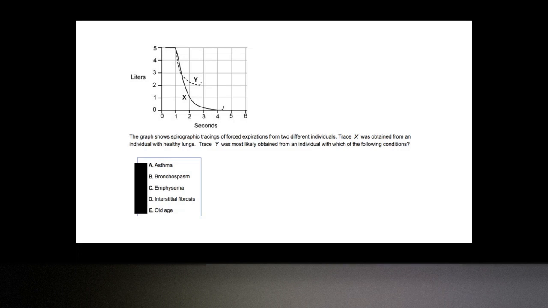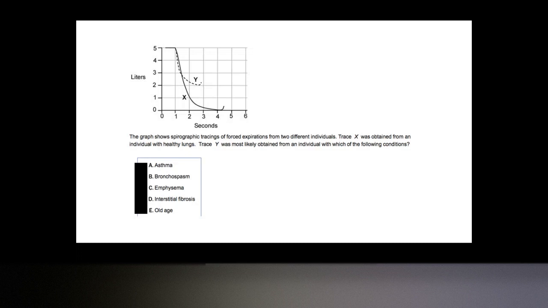So I guess that it's an obstructive disease. So asthma and emphysema, and bronchospasm, yes, I guess this one too. And not the fibrosis. And I'm not sure about old age. Why do you think it's not fibrosis? Because fibrosis is restrictive. Yes, fibrosis is restrictive.